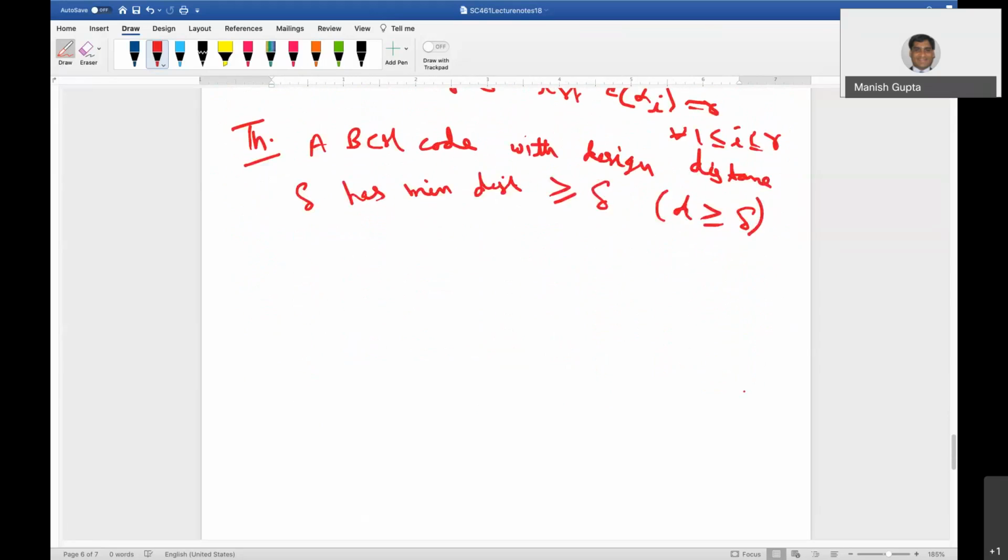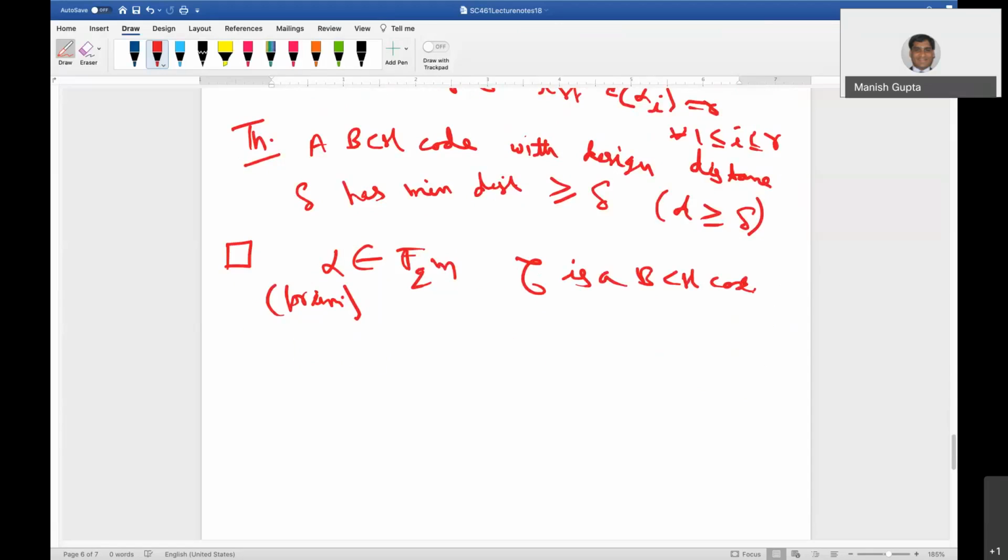The proof is really simple, so we'll just quickly sketch it. Alpha is a primitive element of F_q raised to power m. C is a BCH code with generator polynomial g of x equal to the LCM of m_a of x and so on up to m_{a+delta-2} of x.